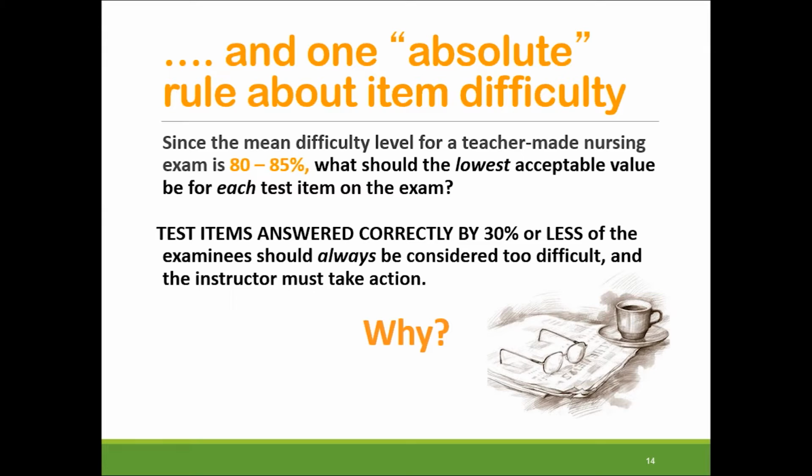We'll look at the kinds of actions you can take later. These are things like nullifying, giving credit, deleting the item, etc. The bottom line is you're going to have to do a rescoring before you actually compute your final grades, because this question is not working well for anybody.